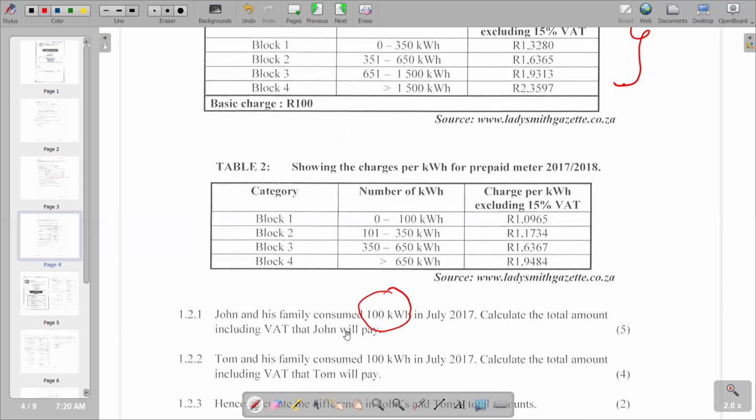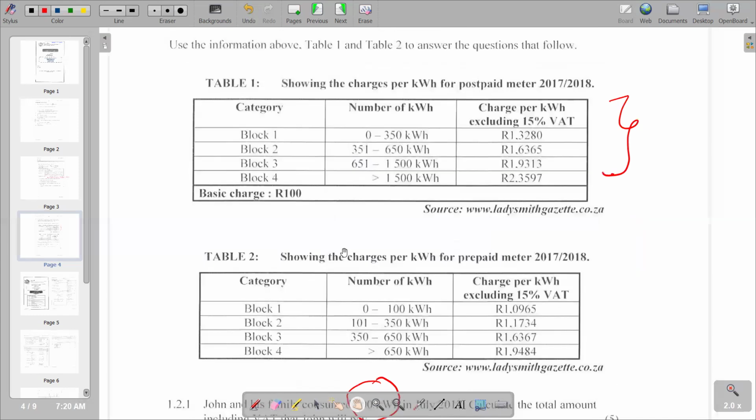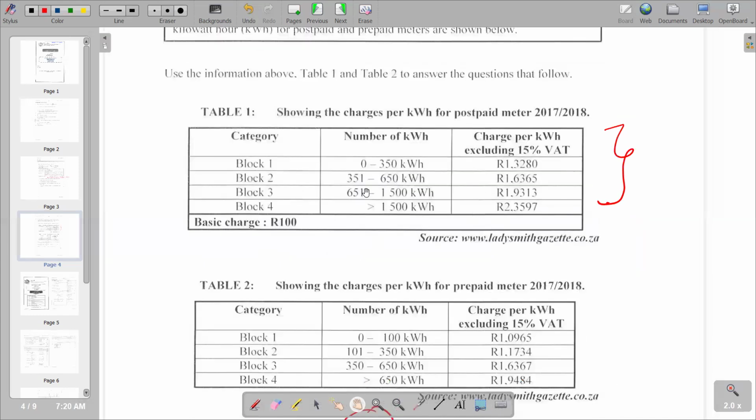So from there, we can try to see 100 kilowatts according to information given. We're told that the basic charge is 100 rands. So basically it's going to be 100 rands, and then we add 100 kilowatts. We see that 100 kilowatts falls in the range 0 to 350.